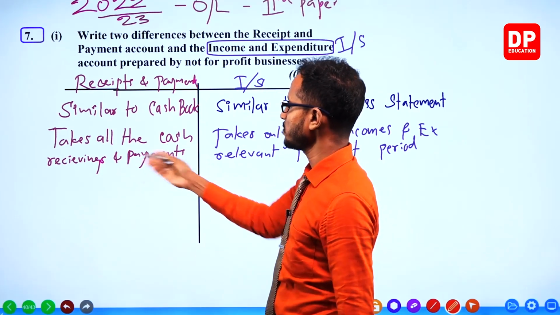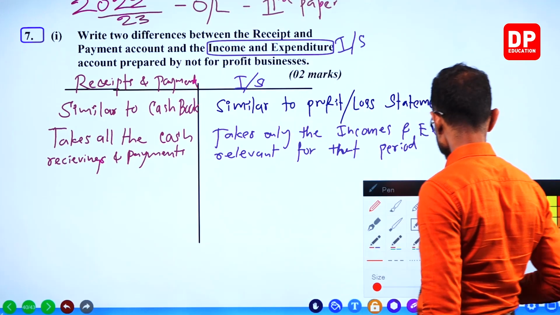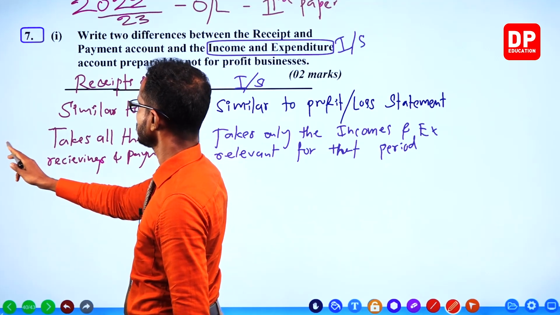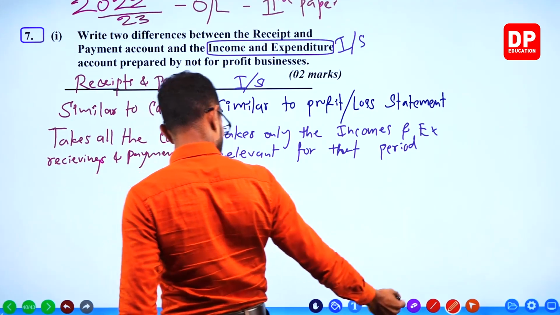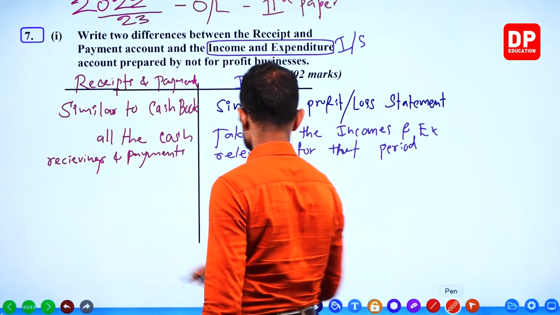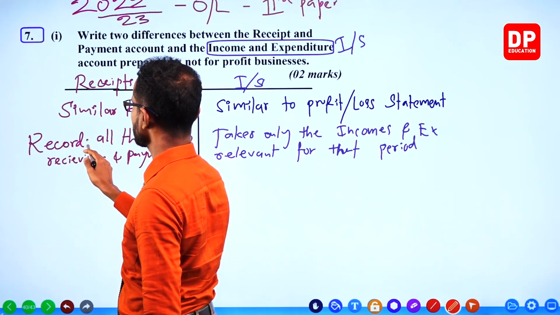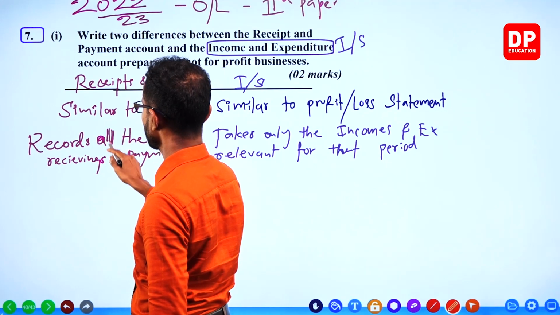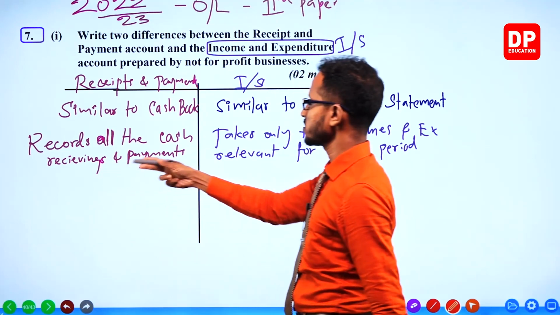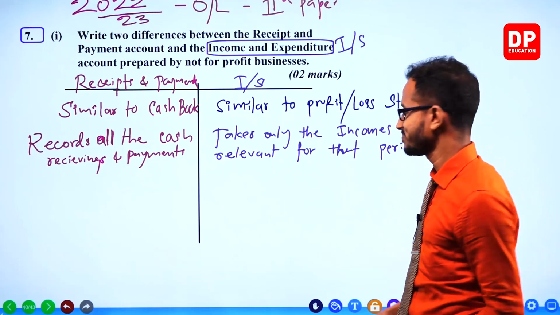The receipts and payments account records all the cash receivings and payments. It's better if you can write records. Right, two differences. You're done.